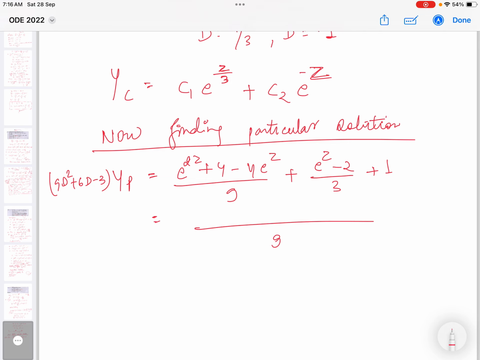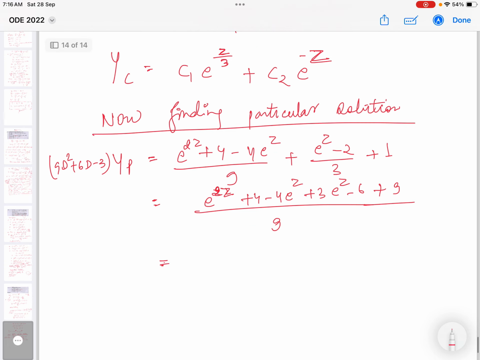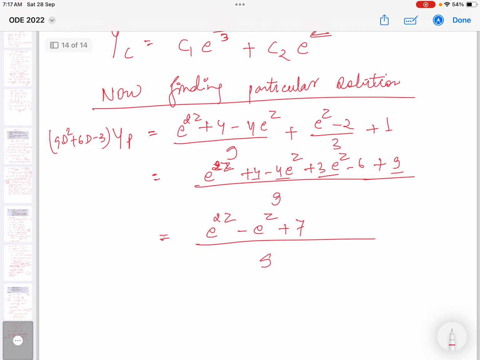It becomes 9. Then e to the 2z plus 4 minus 4e^z, 3e^z minus 6 plus 9. e to the 2z then becomes minus e^z. Then we will find the particular solution.